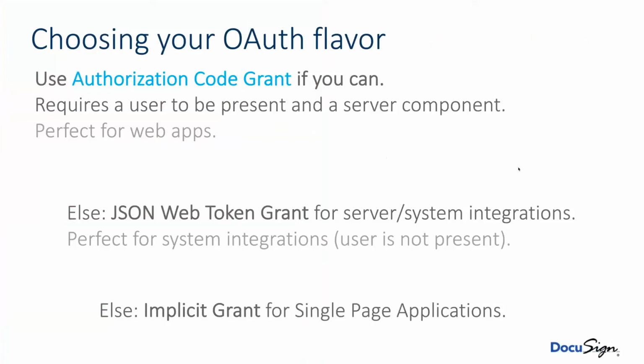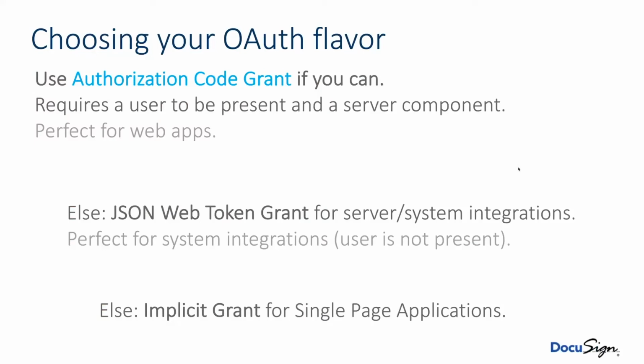Another example is an application which listens and waits for incoming webhook messages from DocuSign Connect, updating your application about the status of an envelope, and then your application uses JSON Web Token authentication to use the API from DocuSign to directly gather more information about the envelope or perhaps manipulate it in some way.